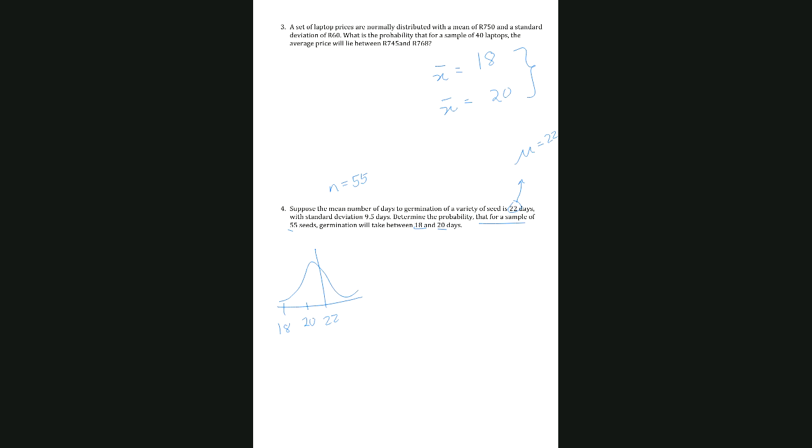So when you have a situation like this where both the values either fall on the right-hand side of the central line or they both fall on the left-hand side of the central line, the rule we use here is the subtraction rule. So what we're saying is when you do the whole process of calculating the Z values, going to table 1 of your appendix, calculating the probabilities, when we get those probabilities, we're going to take the larger one and subtract the smaller one from it. So I'll show you that in a second.